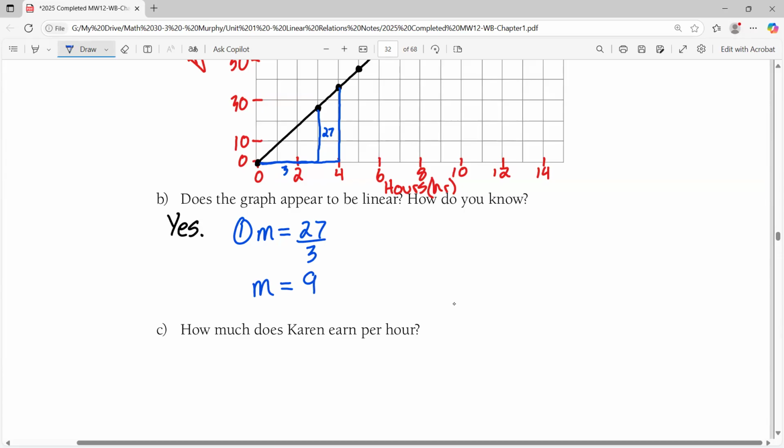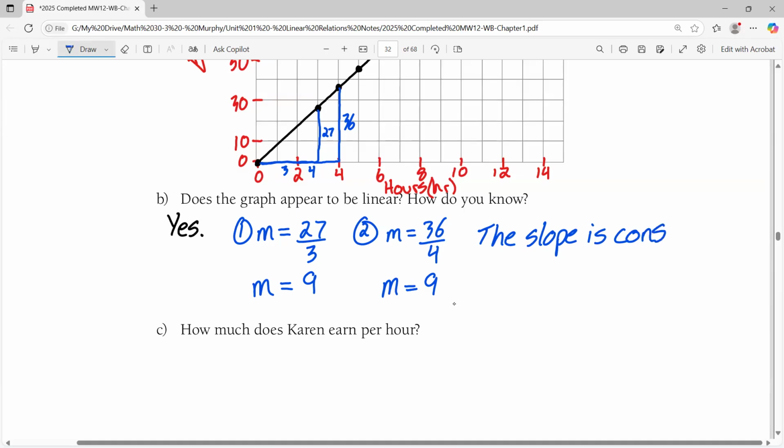Number 2 is going to be 36 over 4 because it's 4 long. And there we go. They are the same. So yes. And how do you know? The slope is constant, or another way you could say it, the same, or consistent, would be another good word.